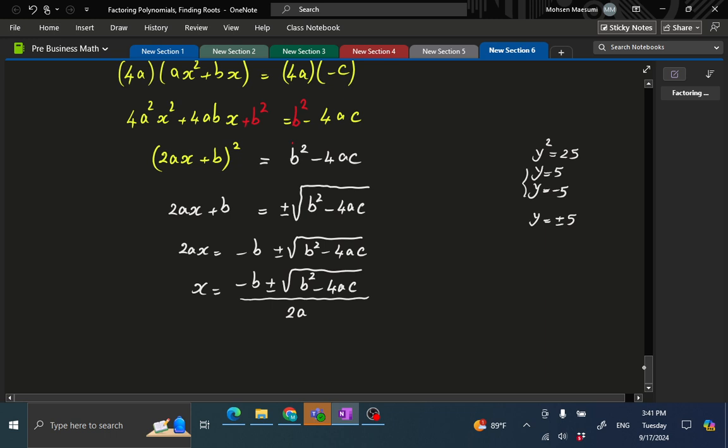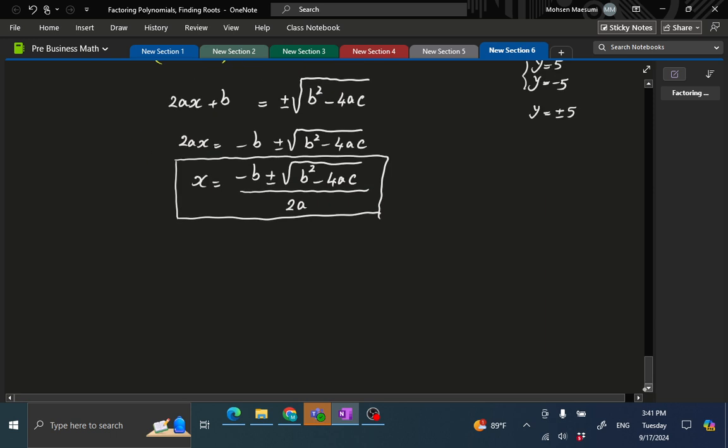This is the celebrated quadratic formula. That is, instead of going through factorization, finding the roots little by little, you have this ready-made formula that brings you the final answer quickly.